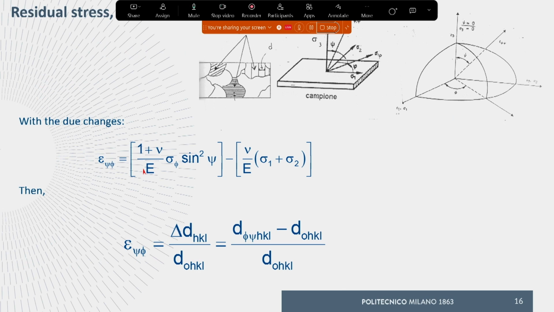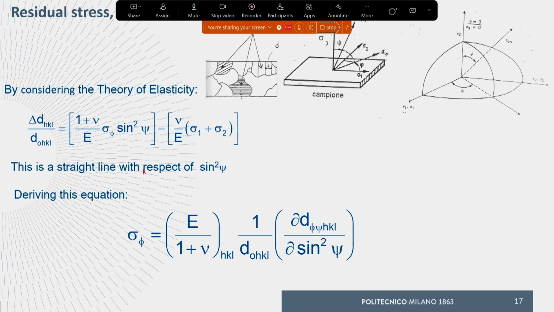Okay, and this is the way the formula is written in that compacted form. So this is a formula that we keep in mind, that we note, and we now recall the definition of epsilon with respect to the lattice spacing that we defined a few minutes ago. Okay?